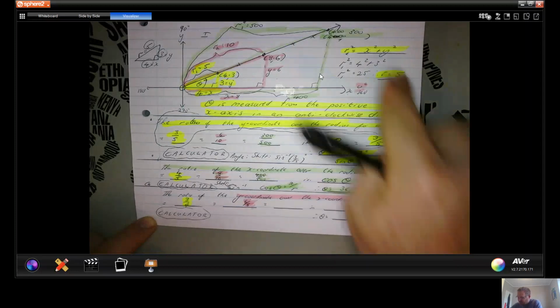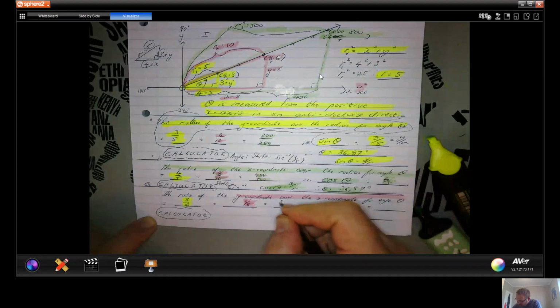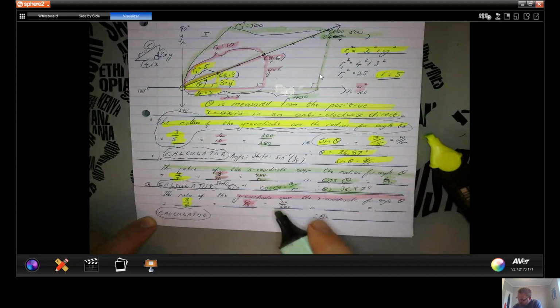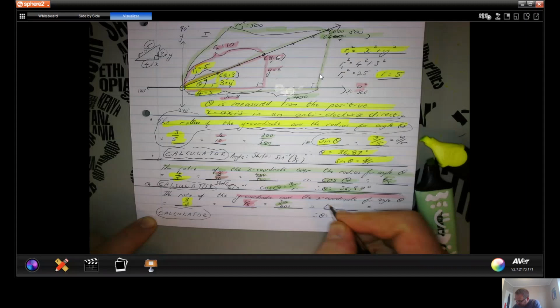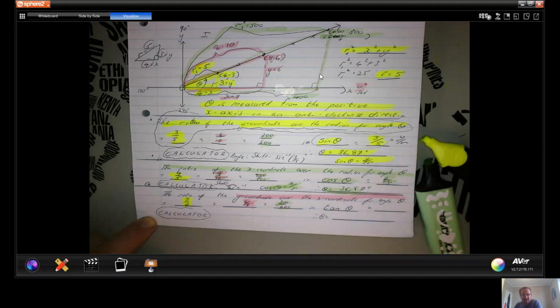And if I look at the green triangle, it is 300 over 400. All of those simplify to 3 over 4. So we know that the ratio of the y coordinate over the x coordinate for this angle theta is equal to 3 over 4. Now the name they gave to that child, the y coordinate over the x coordinate, is tan of an angle.